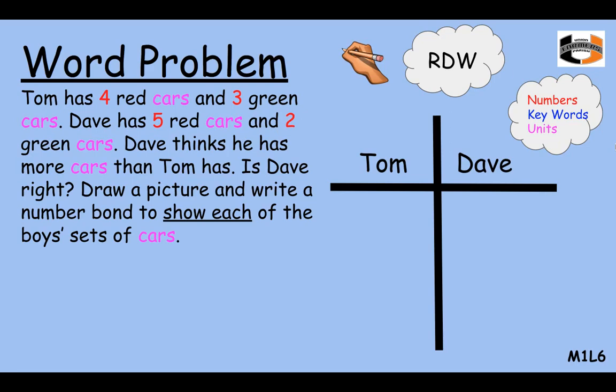Okay, first thing, we need to draw how many red cars each boy has. If you look back in the word problem, I can see that Tom has 4 red cars. And I've put R inside each of those circles to show that those are red cars.